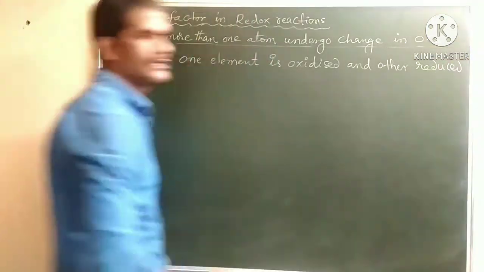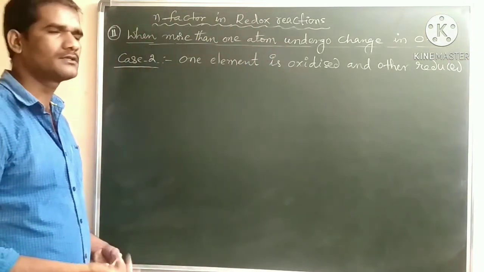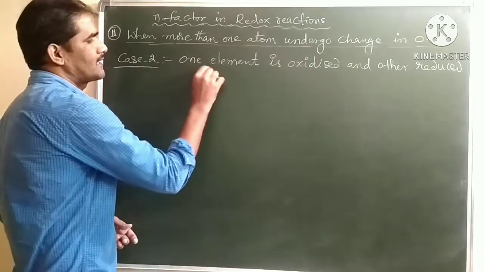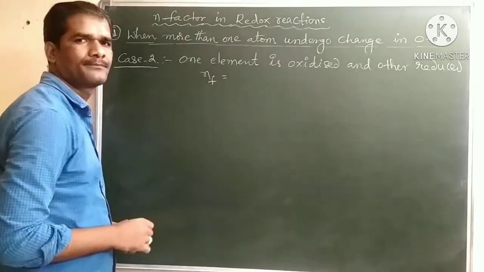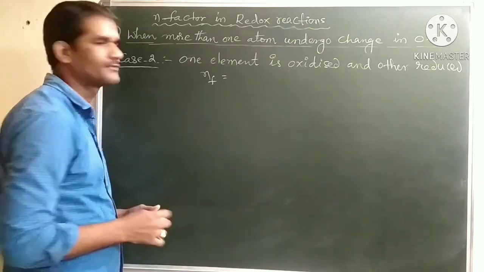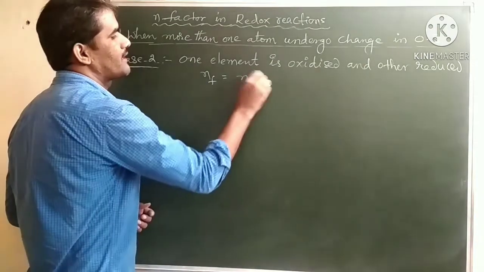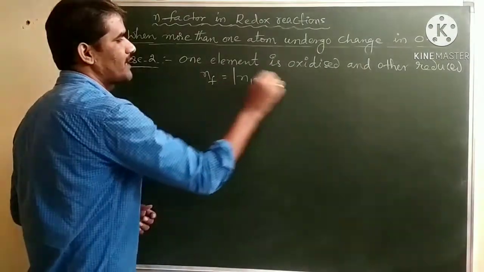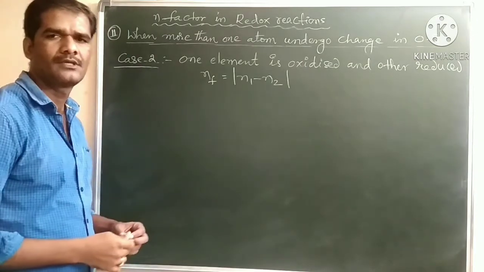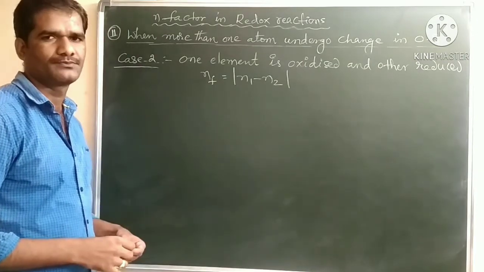Means one undergoes increase in oxidation state and one undergoes decrease in oxidation state. In that case, the resultant N factor is the difference of the N factors of both elements. That is N1 minus N2. Always we have to take the modulus value. Why? Because N factor is not negative, it should always be positive.